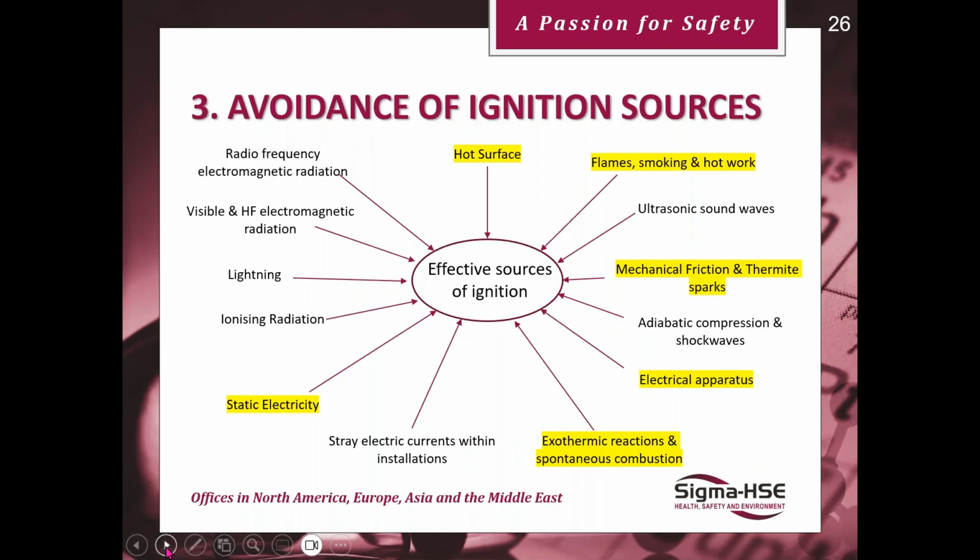Hot surfaces, flames, smoking and hot work, mechanical friction and thermite sparks, electrical apparatus, exothermic reactions and spontaneous combustion, and static electricity.